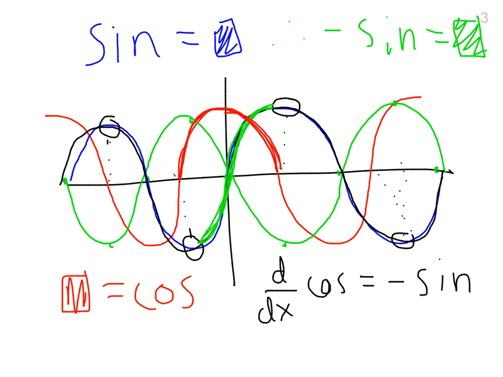And where the sine function was decreasing, those blue parts, the cosine function is negative. So it crosses 0 at the correct spots, and it has the correct signs.